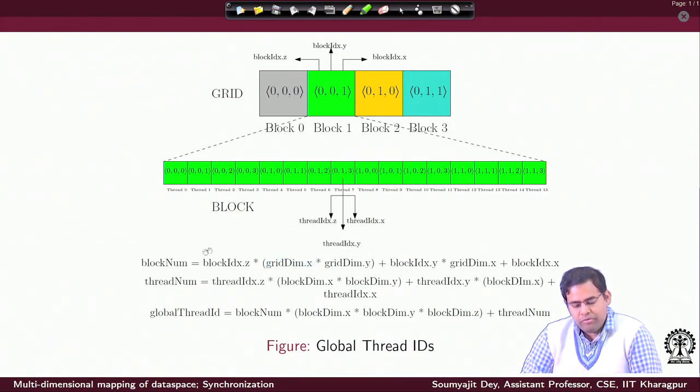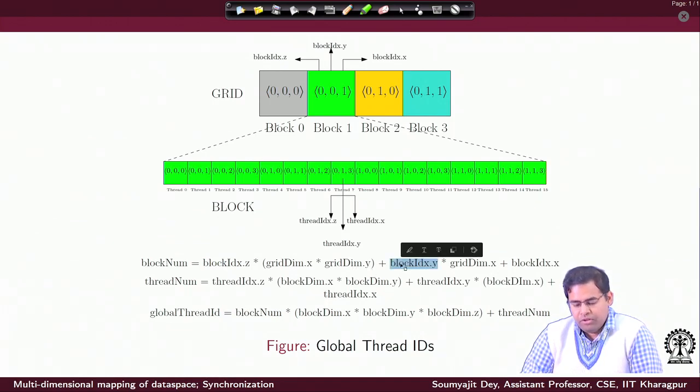Because when I am talking about the block ID in z dimension, let the value be 2, that means I have already come across a collection of this many, that is grid dimension x times grid dimension y, number of blocks for 2 values of blockIdx.z.